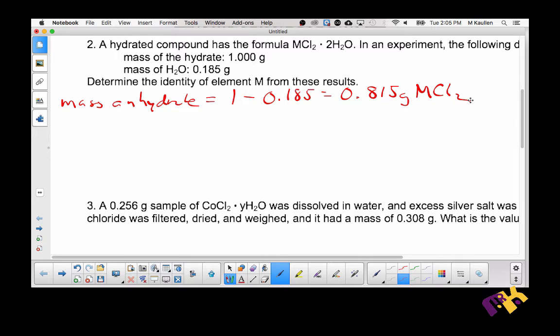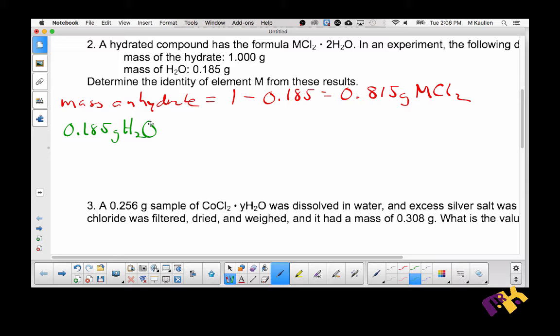All right, so we have that. The second thing we're going to want to do is determine the moles of water, and then that will allow us to determine the moles of the anhydrate. Let's take care of the moles of water first. We know that we have 0.185 grams of water, and we're going to divide by its molar mass.